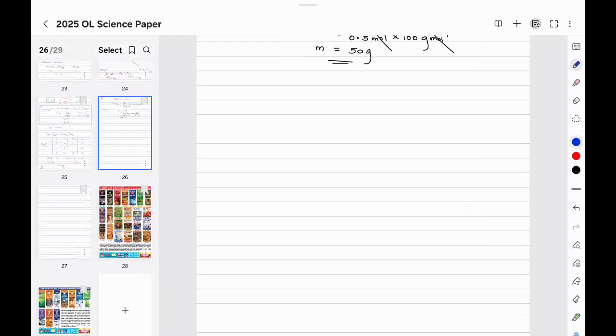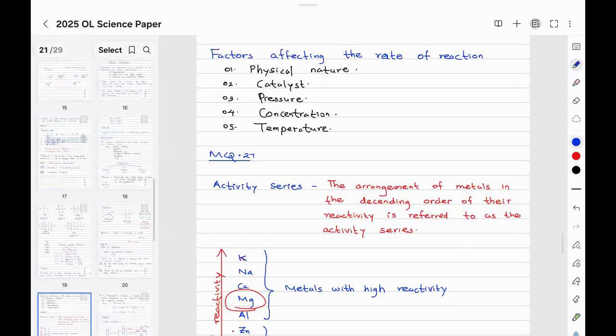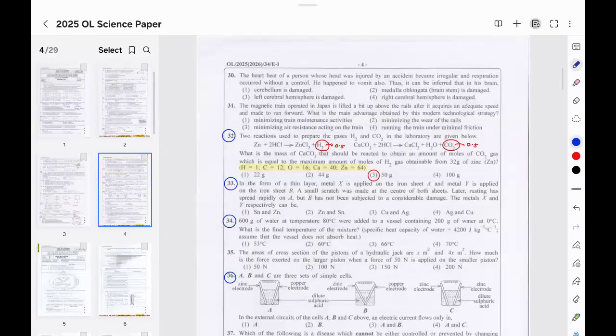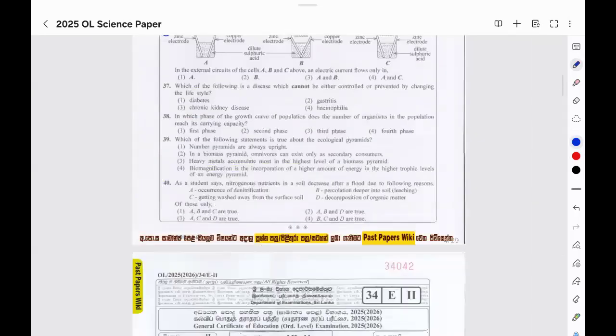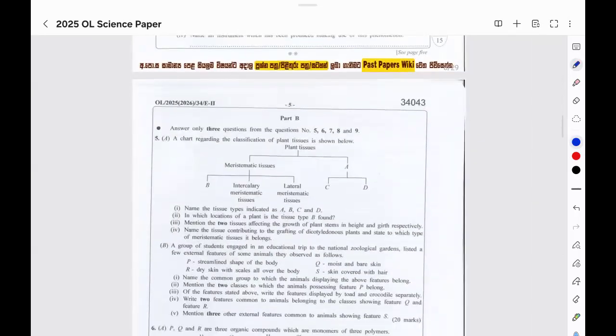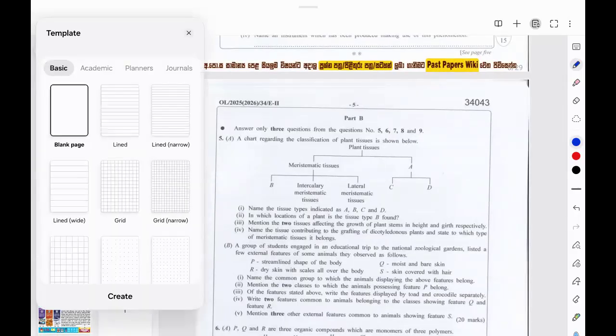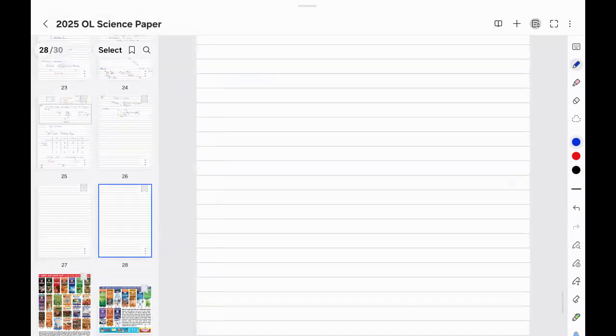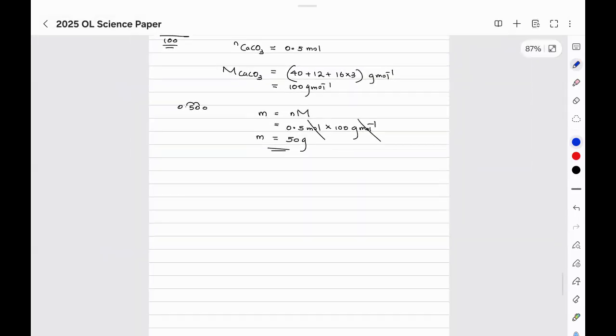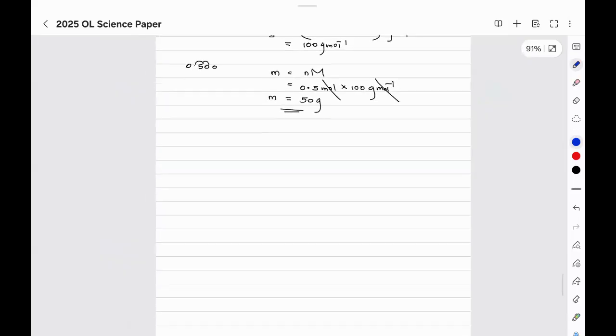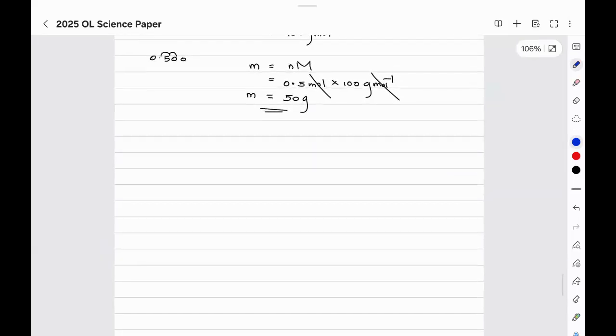MCQ number 33. So we are talking about iron rusting.